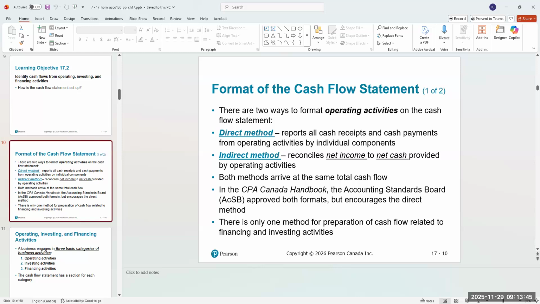The indirect method is the one that we usually teach. With the indirect method, we clearly see and identify the cash flow as two streams, cash in and cash out.